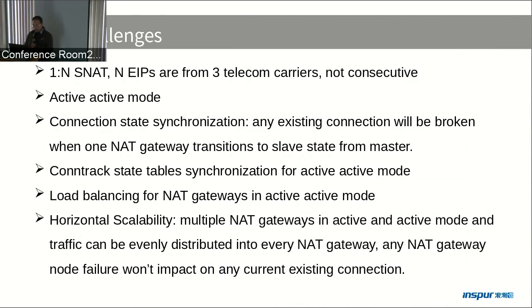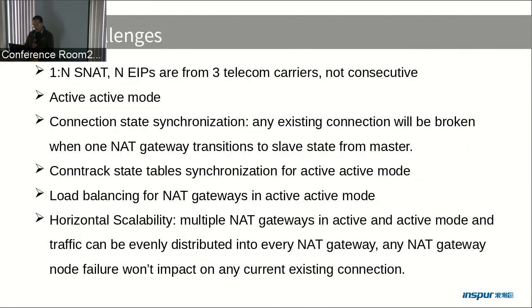We also cannot do load balancing for NAT gateways in active mode, especially for horizontal scalability. That means we cannot support multiple NAT gateways. We only support 2 NAT gateways in master and slave mode.